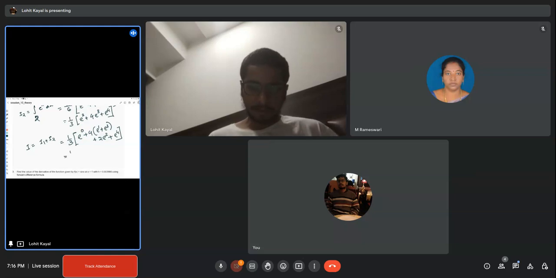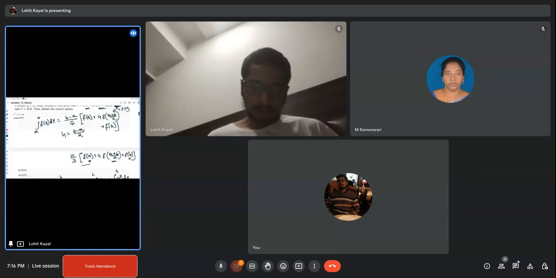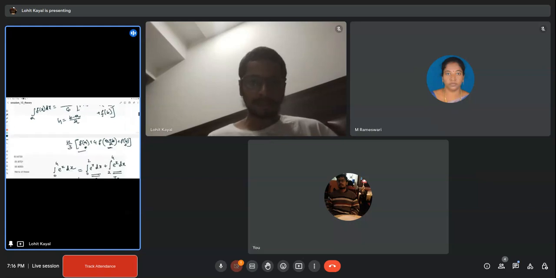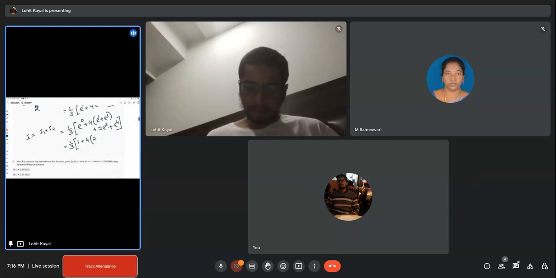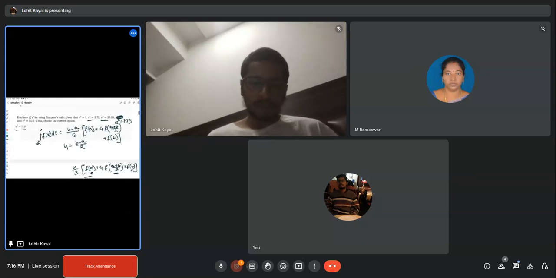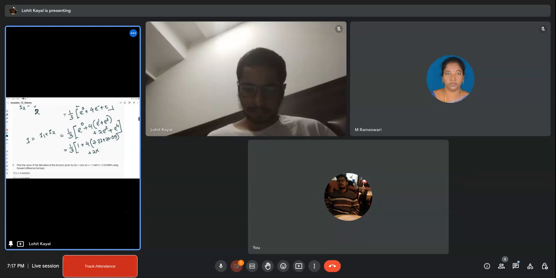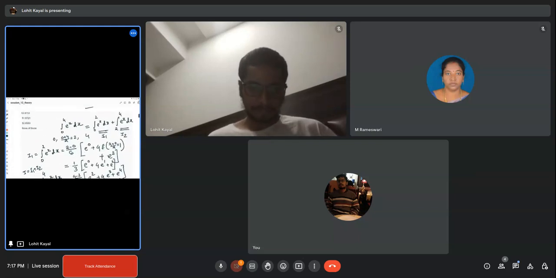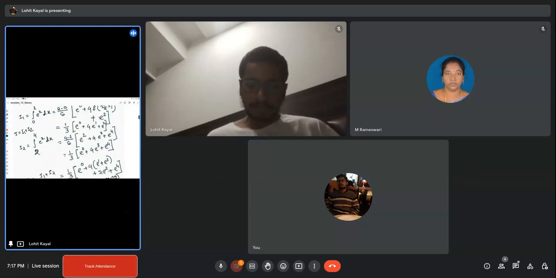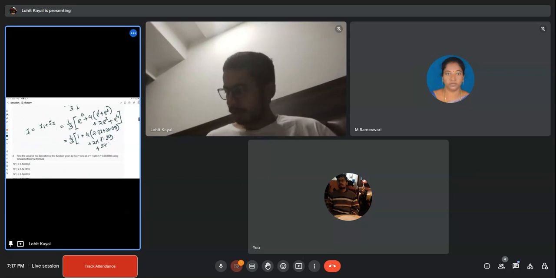Now if I write down the expression, e to the power 0 is 1 plus 4 times e to the power 1, given as 2.72, plus e to the power 3, which is 20.09, plus 2 times e squared, which is 7.39, plus e to the power 4, that is 54.6.